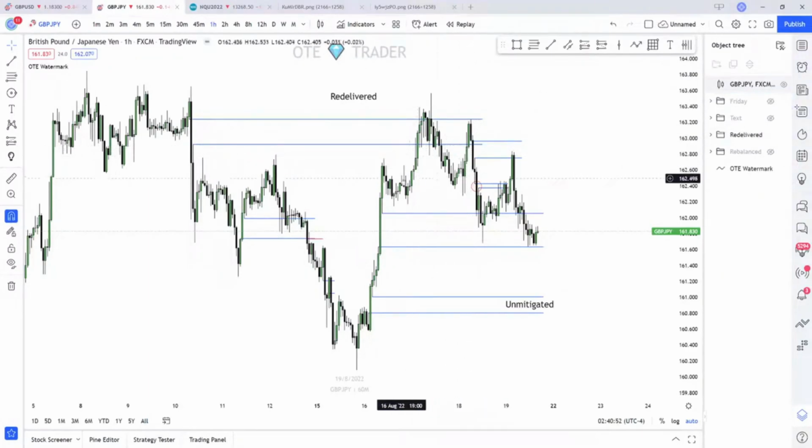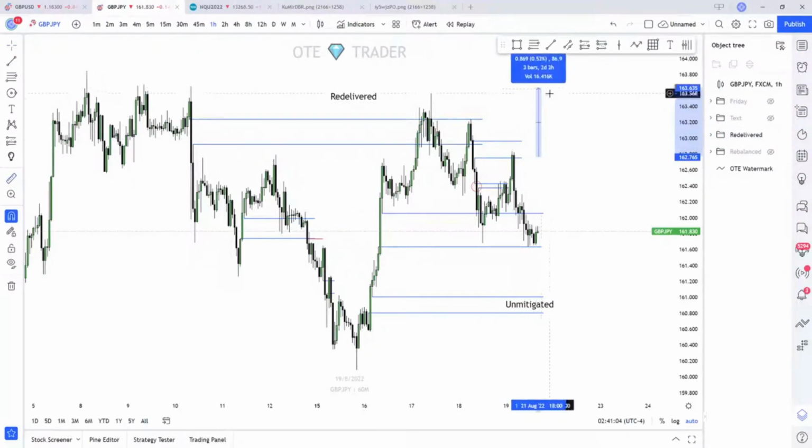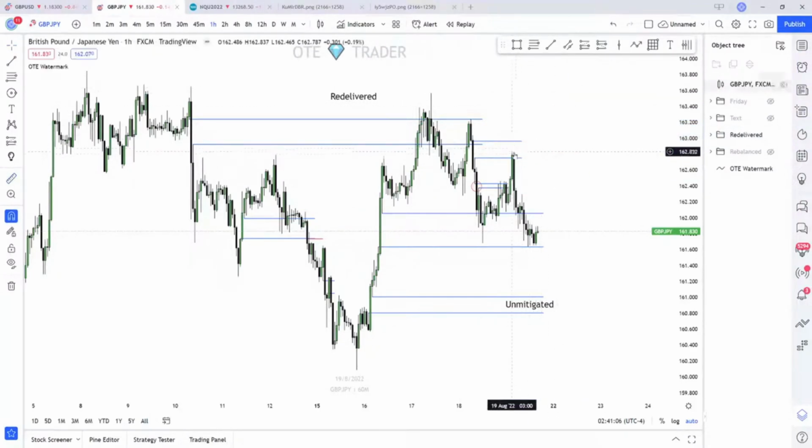So redelivered again over here, and then another area. Price comes in, redelivers it, right? Once we trade above it and then back into it, it is rebalanced. But this did not happen, right? So we are still bearish. So same thing over here.